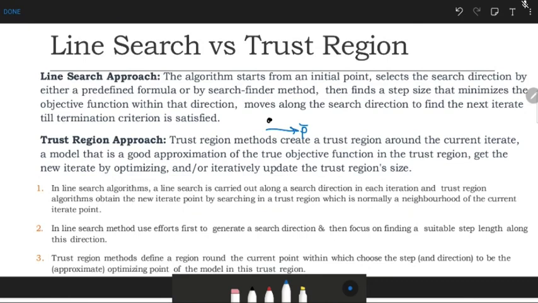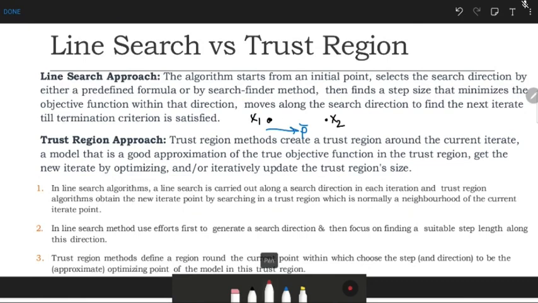Then it finds a step size that minimizes the objective function within the direction. So this looks like a minimization problem. What do you want? You're somewhere at x1, you want to go to x2, which is in the same direction as that of p. How do you reach it?